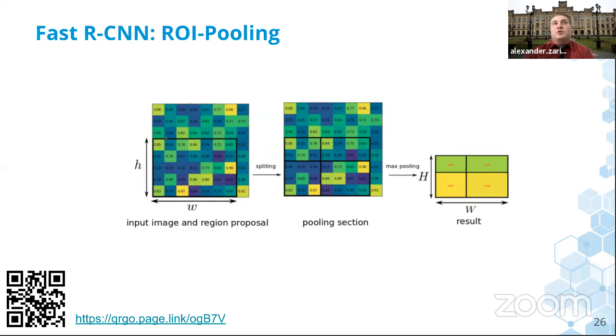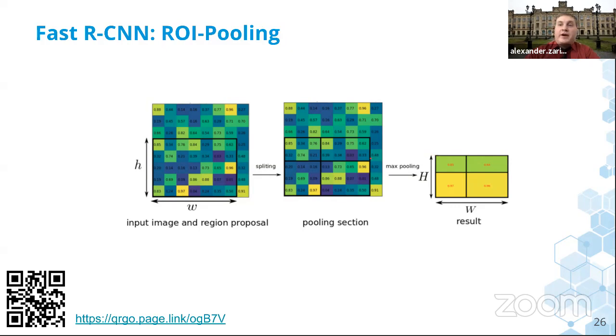Assume that we want to transform this 7 by 5 size region into a 2 by 2 region. We can do this by simply splitting this huge region into several almost equal size regions, and then simply applying the max pooling algorithm on these regions to get the fixed shape values.